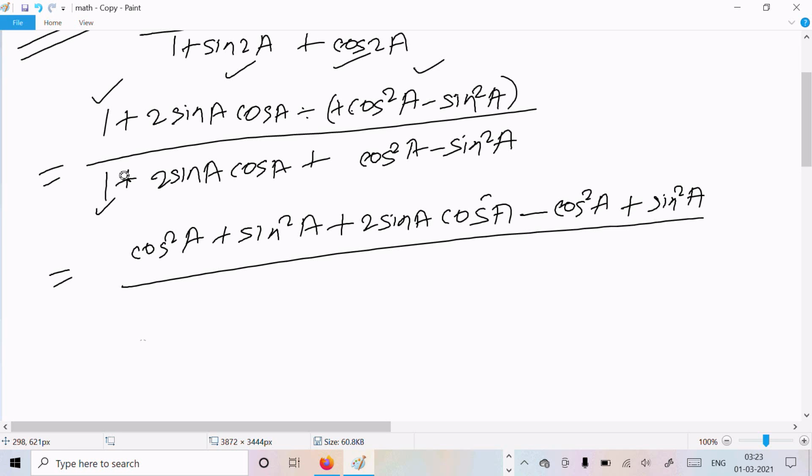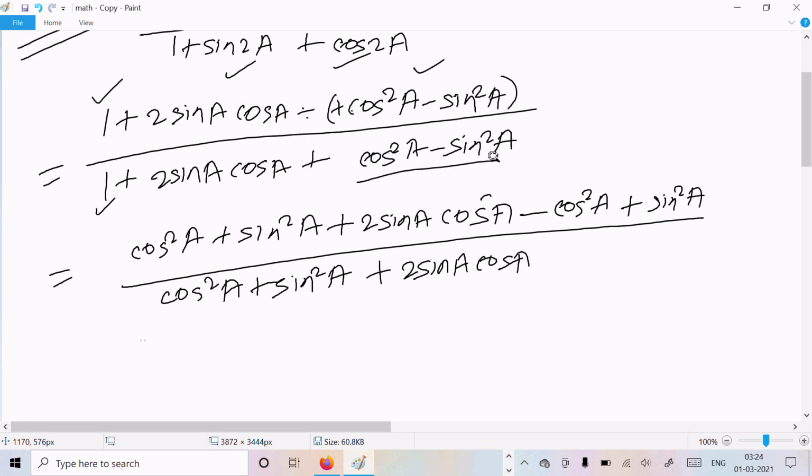The same thing for this one: we can write cos² a + sin² a, plus 2 sin a cos a, and plus cos² a − sin² a.